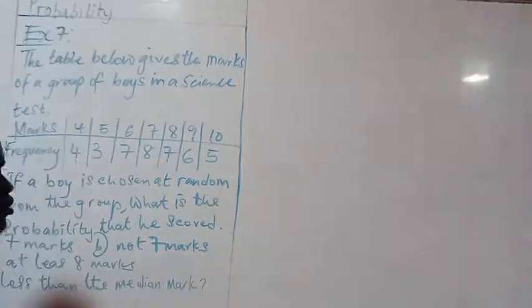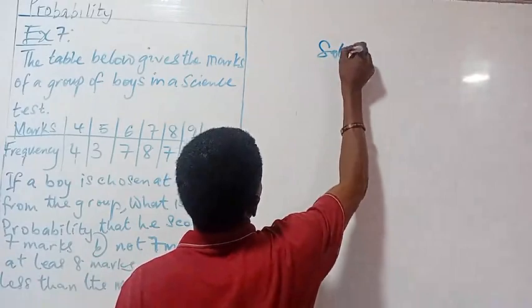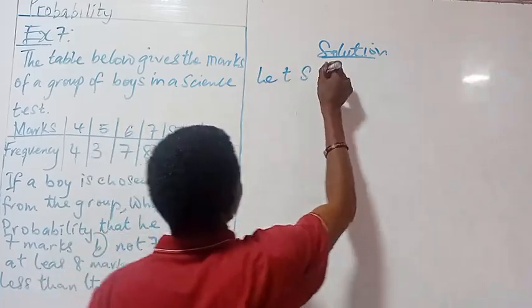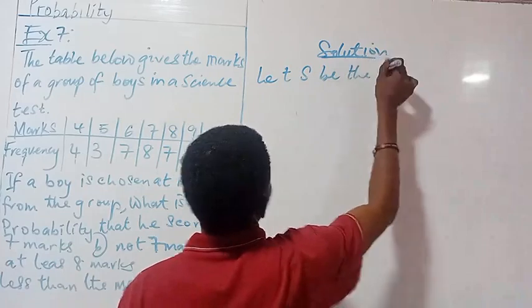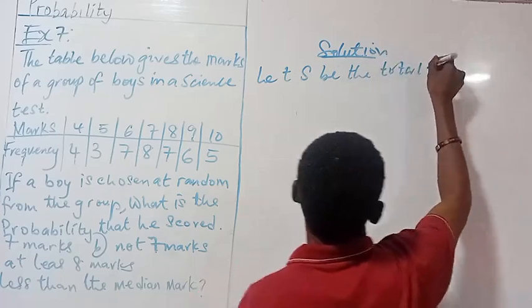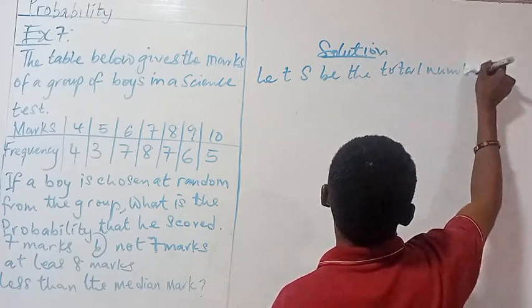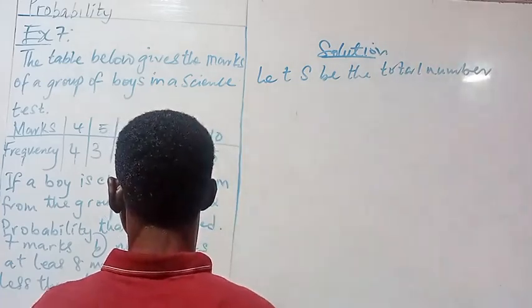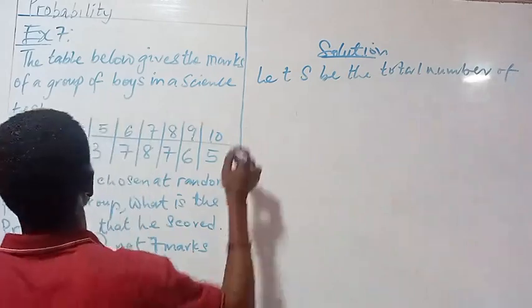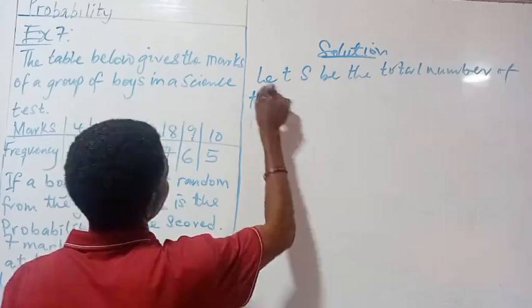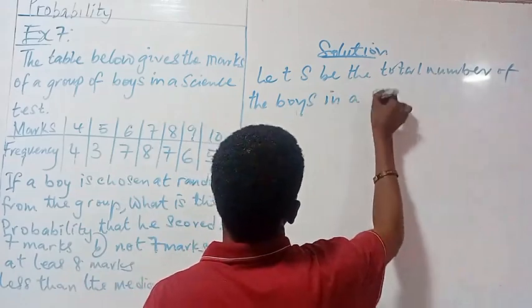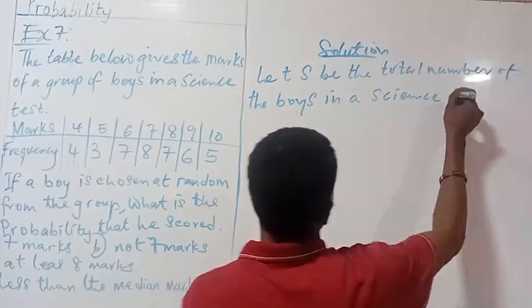So what we do, we are starting with the solution. Let x be the total number of the boys in the science test.